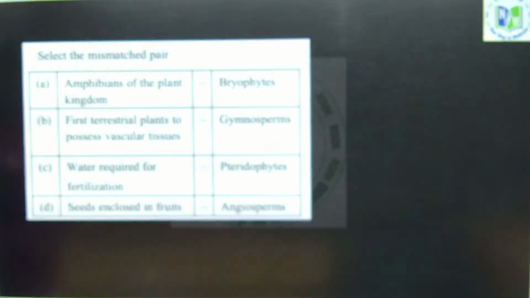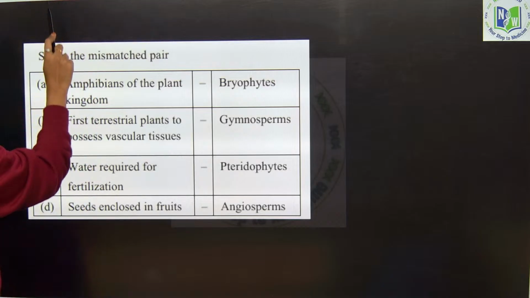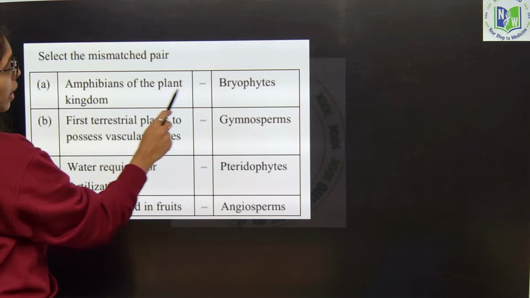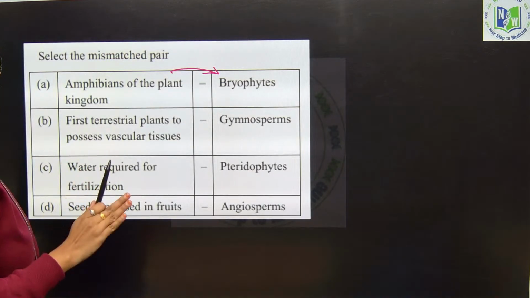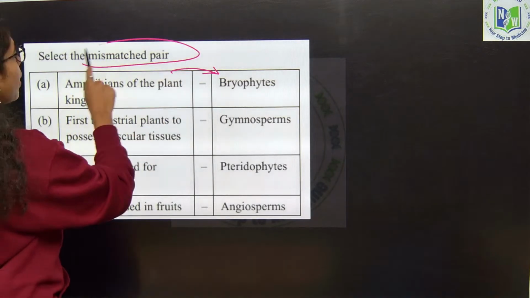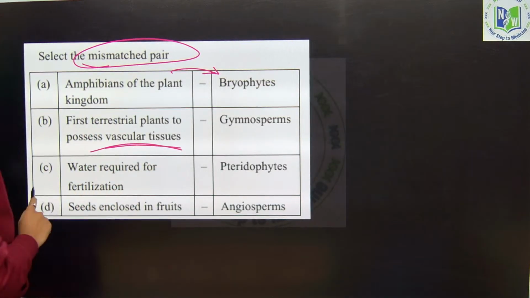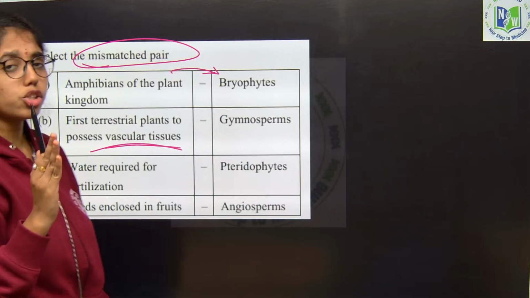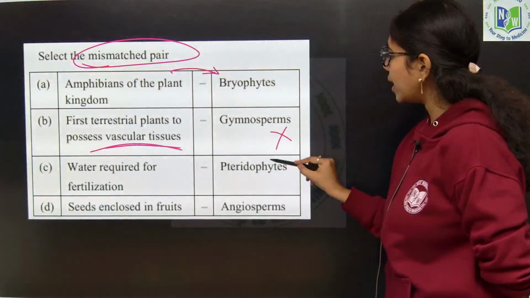Look at this. Select the mismatched pair. Amphibians of plant kingdom. What are the amphibians of plant kingdom, ma? Bryophytes are called the amphibians of plant kingdom. Here also we have to identify the mismatched pair. First terrestrial plants to possess vascular tissue are pteridophytes, not gymnosperms. So you can eliminate this.